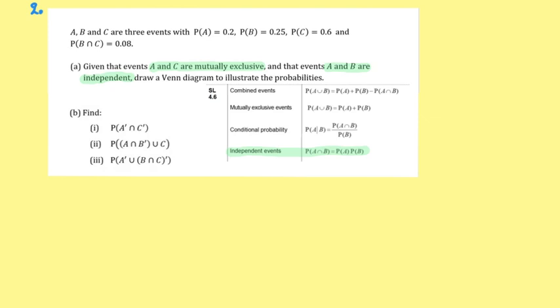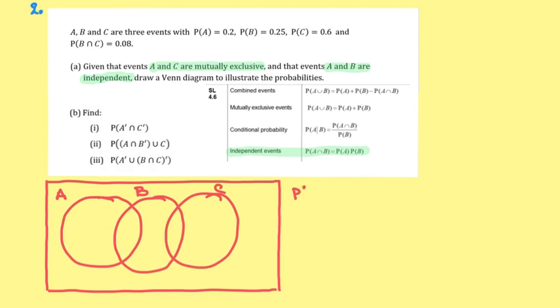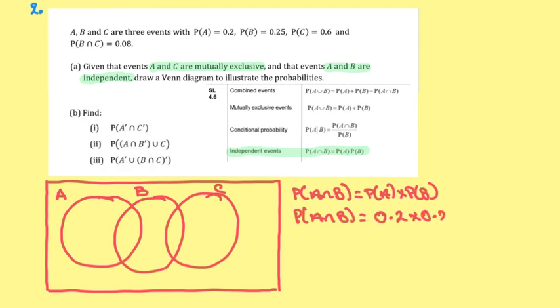I'm also going to use the independent events formula, so the probability of A intersection B is equal to the probability of A times the probability of B. So the probability of A intersection B is equal to 0.2 times 0.25, which is equal to 0.05. I'm going to fill in my Venn diagram now.